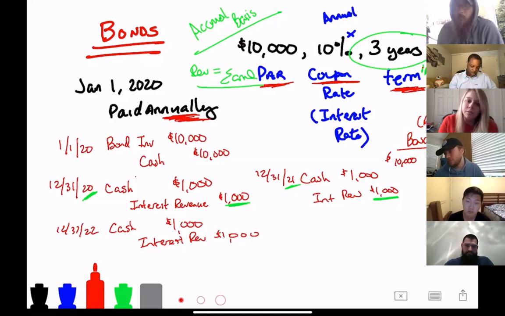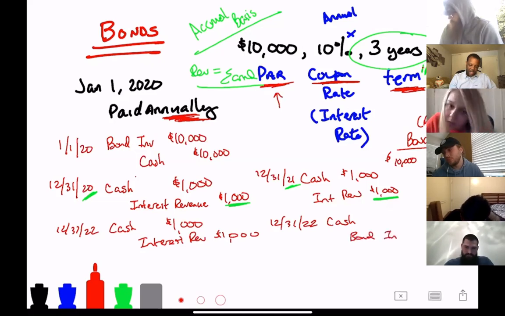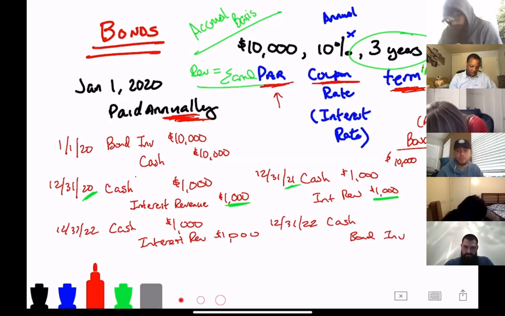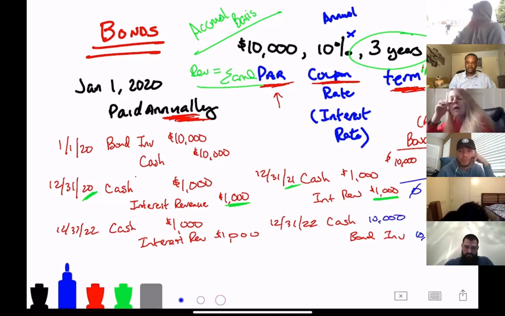So the other thing that happens on 12/31/22 is we get the par value back, and then we give back our investment. So when this is all said and done, our investment's going to be 0 because we're getting $10,000 in cash back.